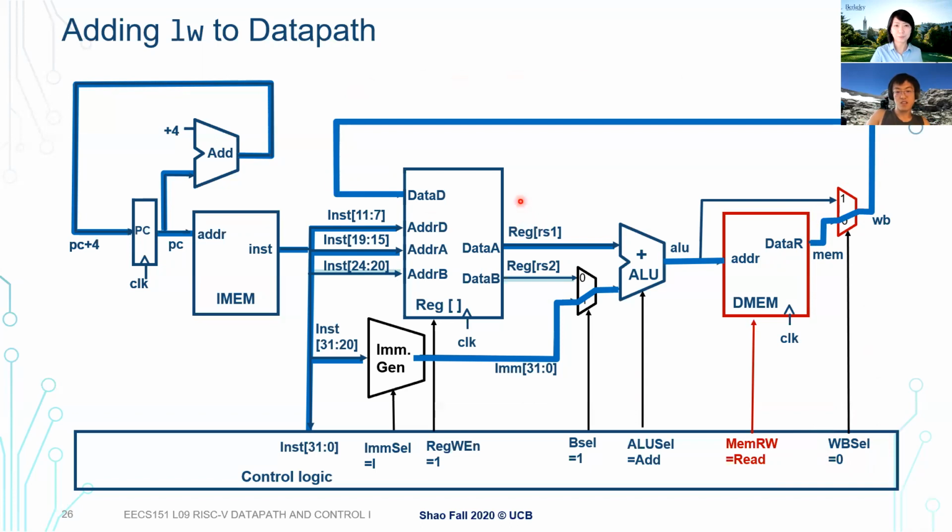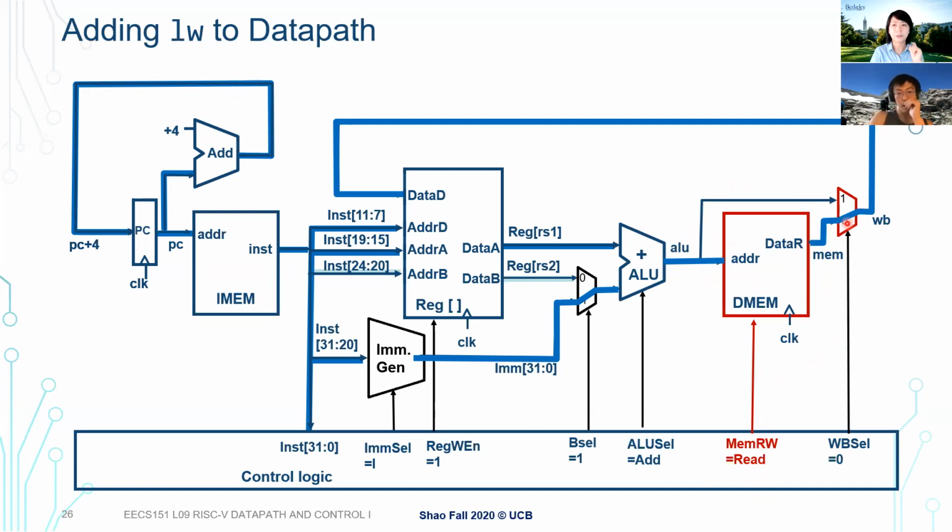So here we perform the load operation. Largely, this part is the same as our arithmetic immediate I-type instruction, but adding this memory, and we introduce two more control signals. One is to specify whether we're doing a read or write operation, and another is to specify whether we're writing back using the value from the ALU or the value from memory.